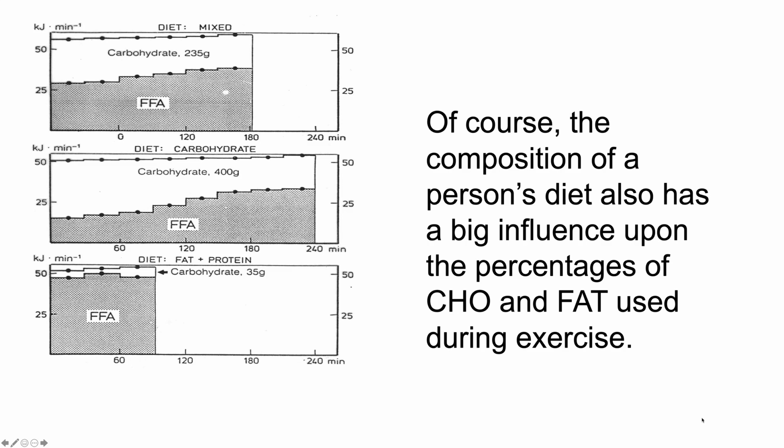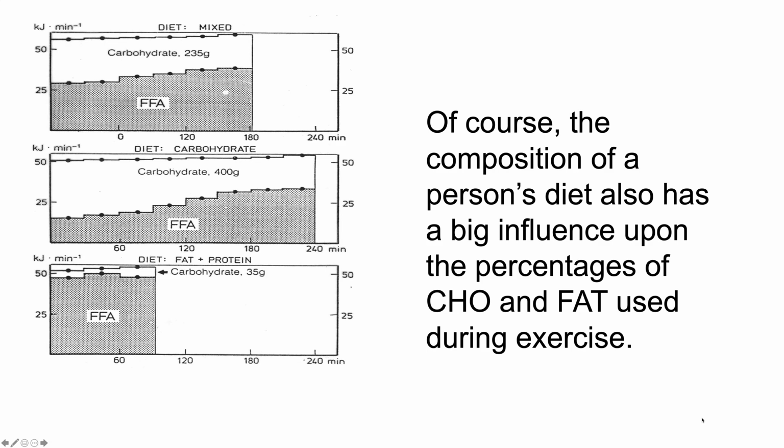Contrast then with the middle one, where they had 400 grams of carbohydrate. You can see this high carbohydrate diet consumption allowed them to go almost basically an extra hour longer than those who ate 235 grams of carbohydrates.